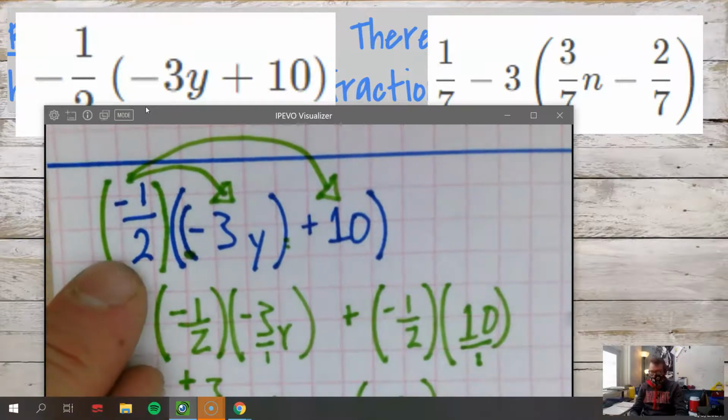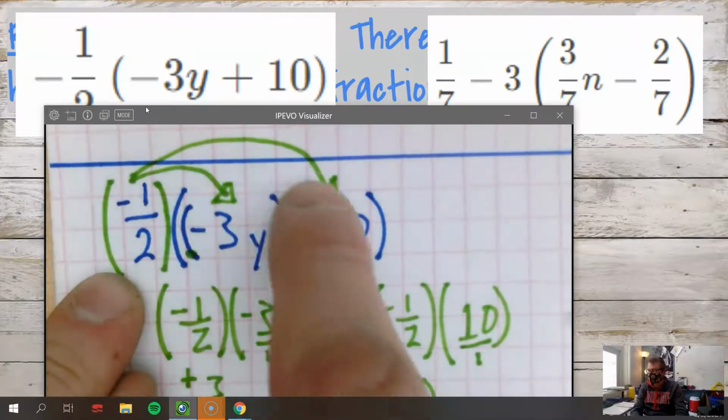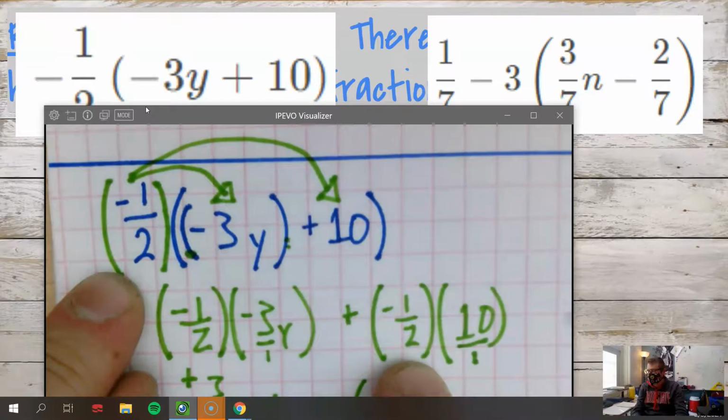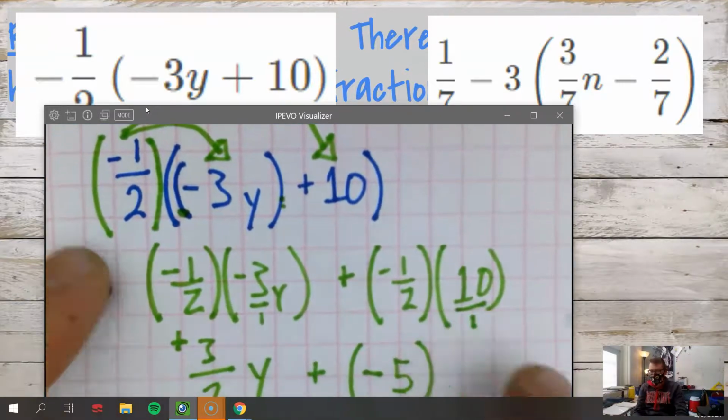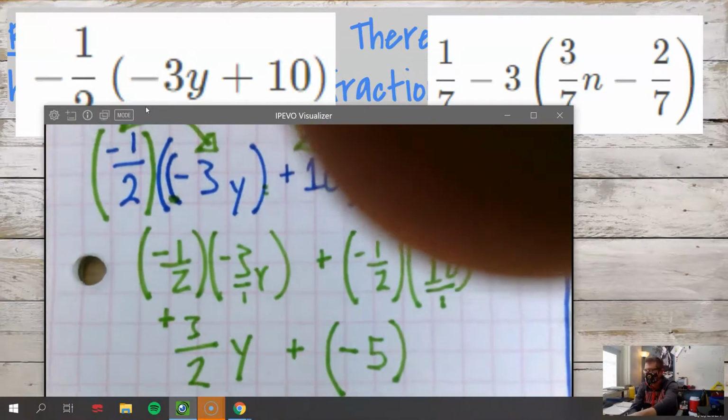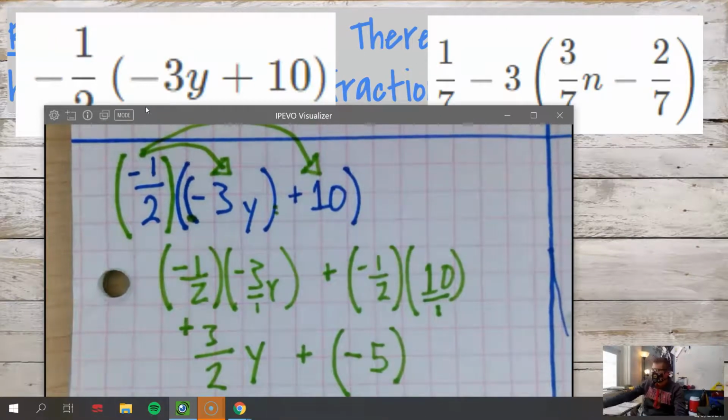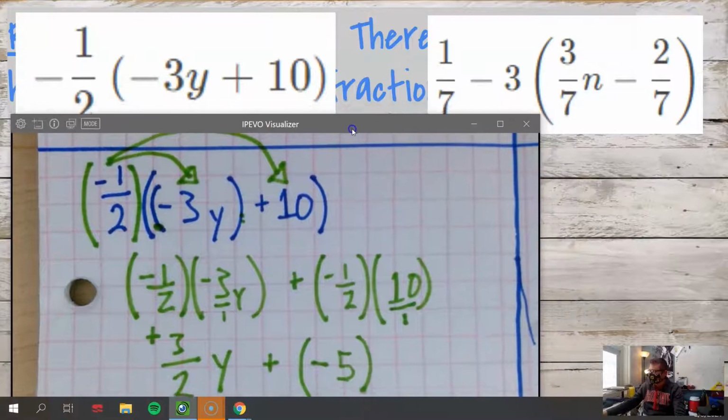And then the negative 1/2, my second arrow up here, tells me to do the negative 1/2 times the 10. Guys, if you have the left one done, go ahead and do the right one.